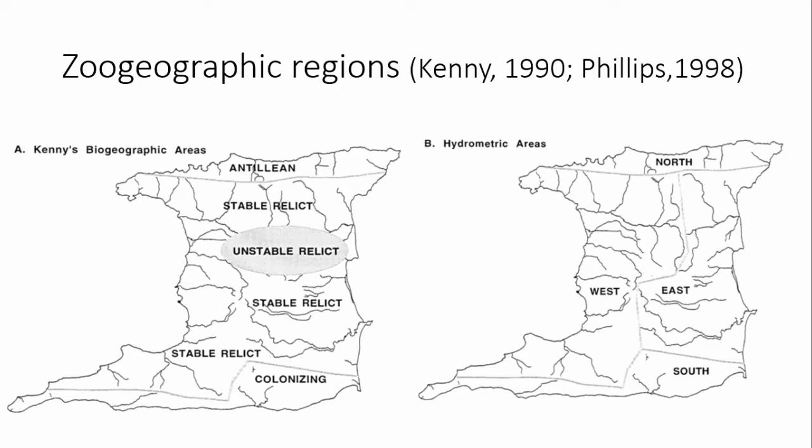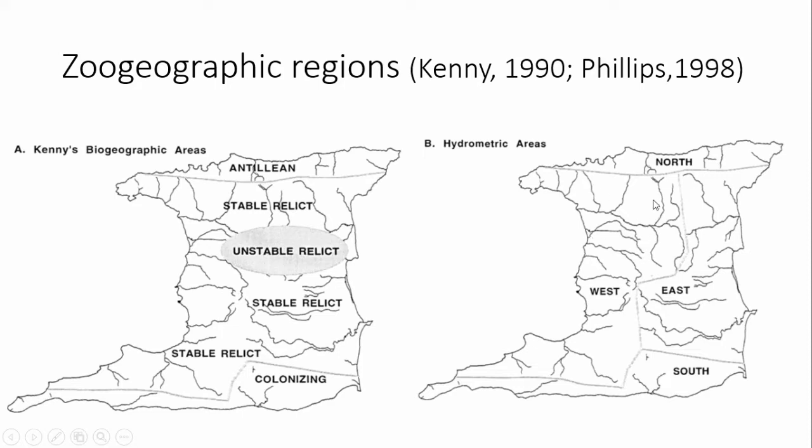And Phillip followed up by dividing Trinidad into 4 very basic zones for drainages: the north, west, east, and south drainages. Now, the north and south drainages are fairly independent of each other, whereas the south drainage has the North Oropouche, it has the south, the Ortoire drainage on the side.